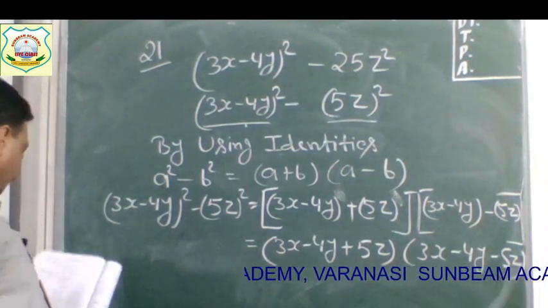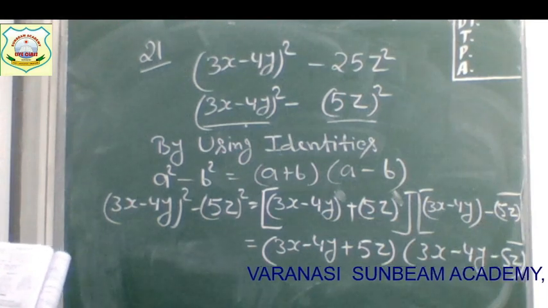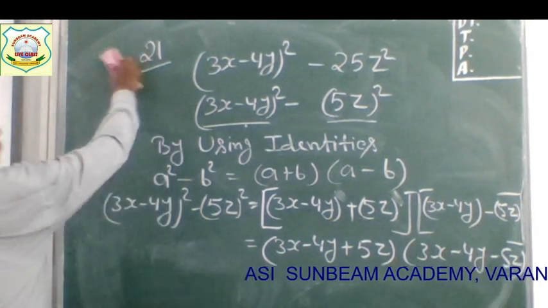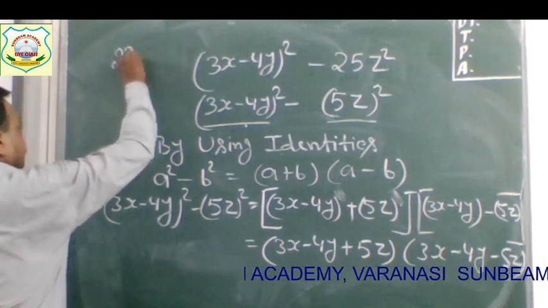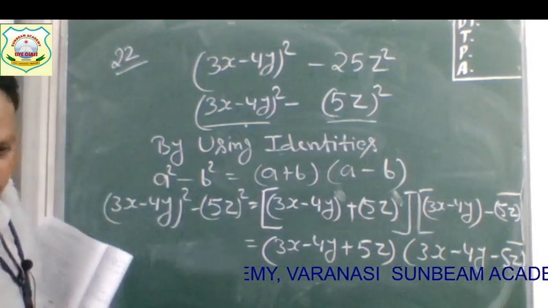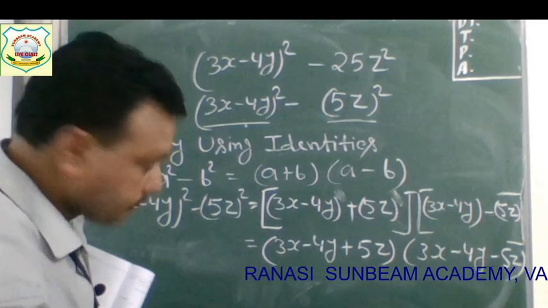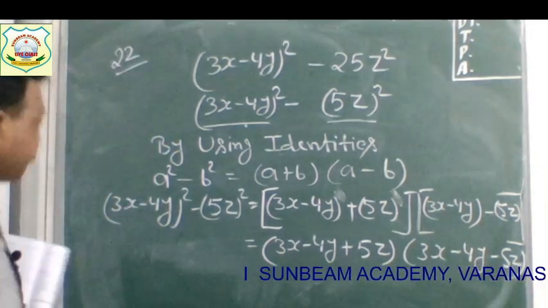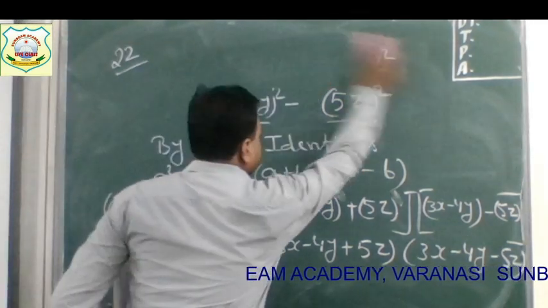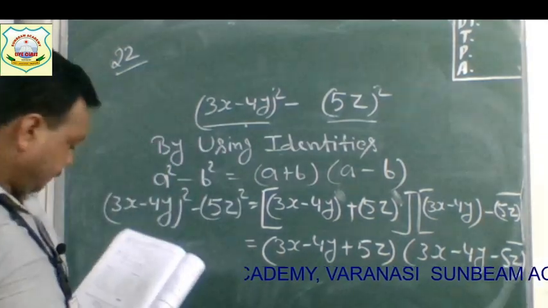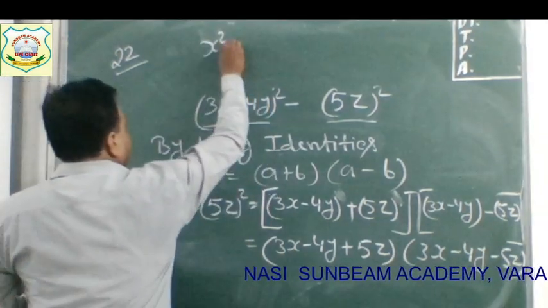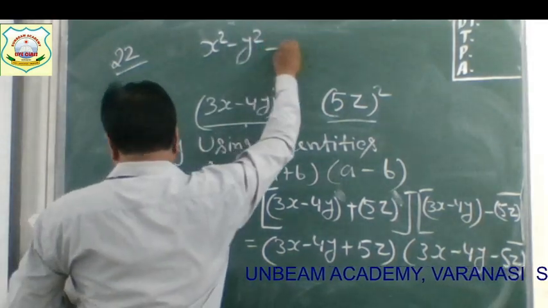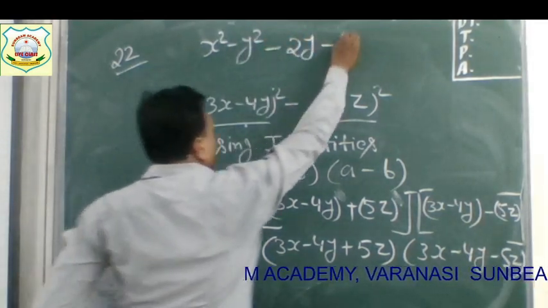Now, students, question number 22. This is a little bit different. Question number 22, everyone see. Here given x square minus y square minus 2y minus 1.